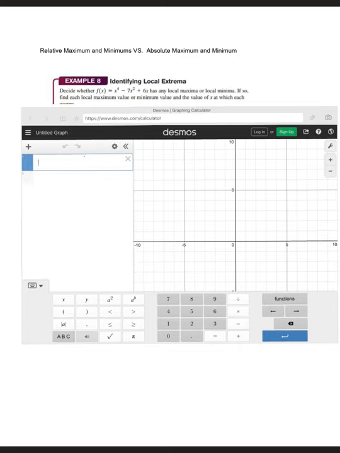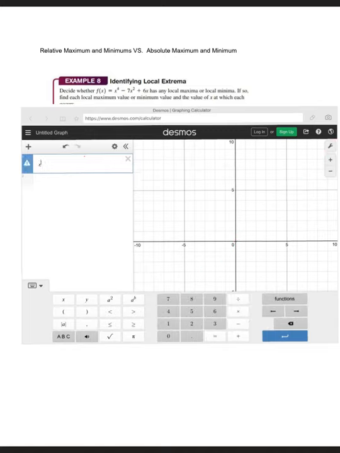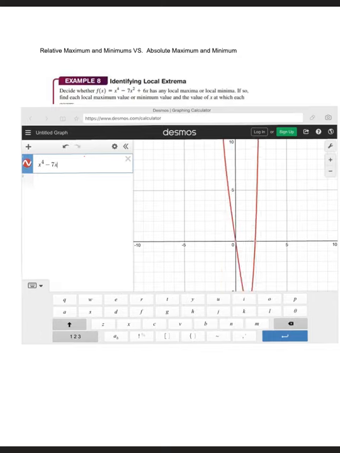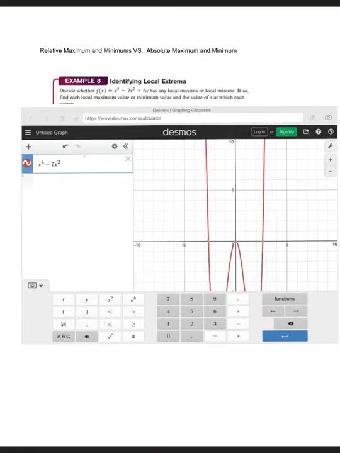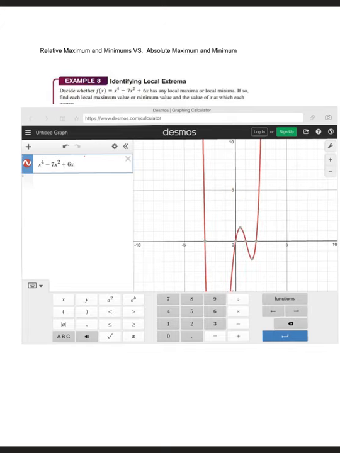So I have x to the, I use the a to the b to get the power, 4. Then I need to hit to the side of it, so I'm out of that power. 7x, and then the squared is right at the top, plus 6x, and here is my graph.